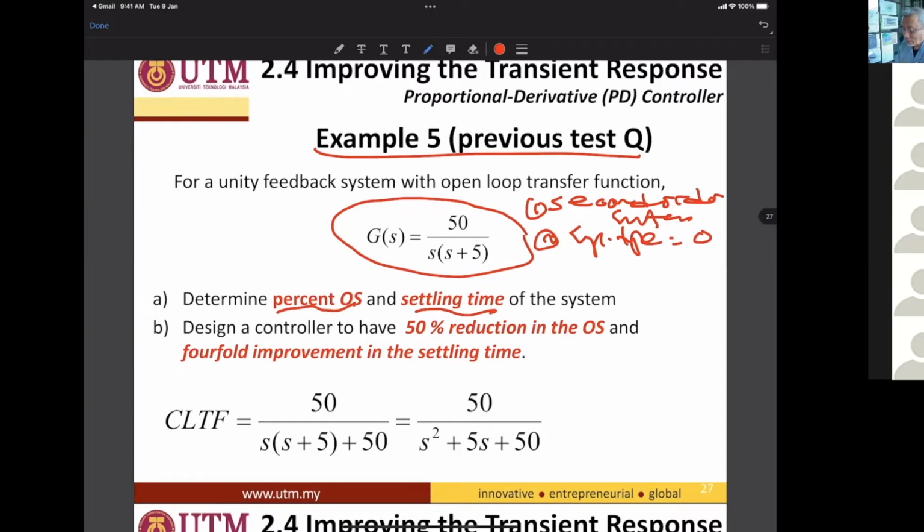Okay, so ini adalah open loop transfer function. Design a controller so that we have a 50% reduction in the overshoot and 4-fold improvement of the settling time. Apa maksud?